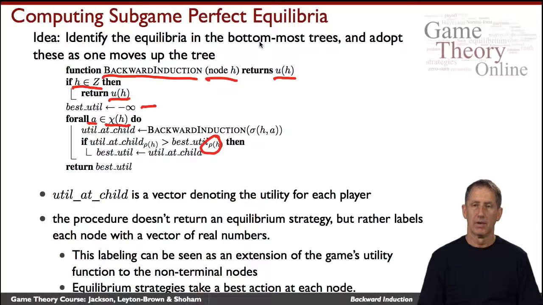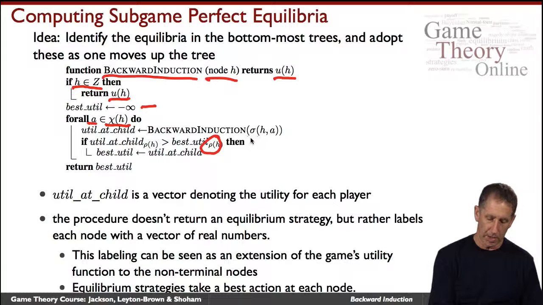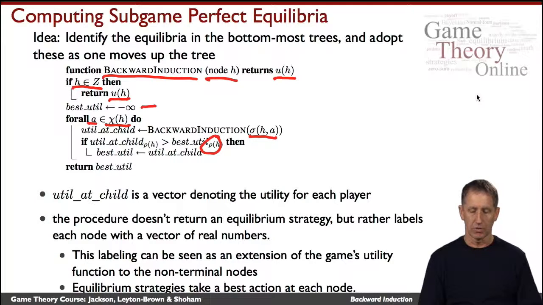So we'll take each action in turn, one at a time, and do the following. We will look at the child you reach by taking action a at that node h. That's called sigma of h and a. So sigma of h and a is simply another node, one of the children of node h, that you arrive at by taking that particular action a.